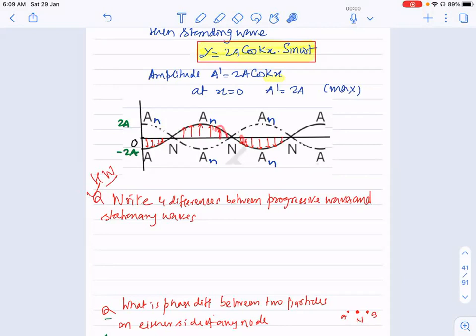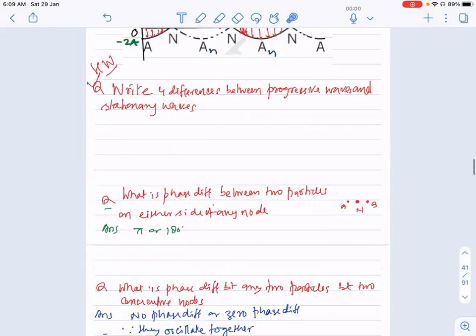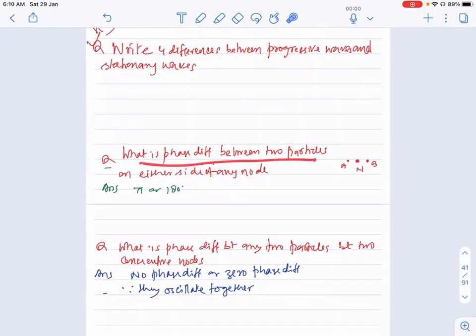One goes up while the other goes down. This was the question here: what is the phase difference between 2 particles on either side of any node? 180 degrees. There is a node; if this particle goes up, this particle will go down. So this is one of the differences. You can include this in your differences.